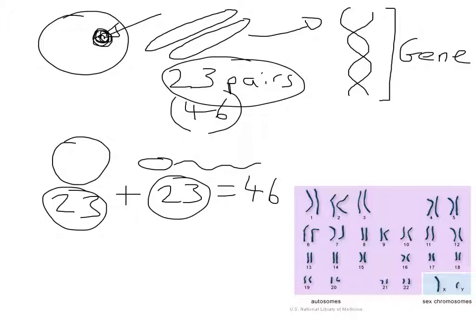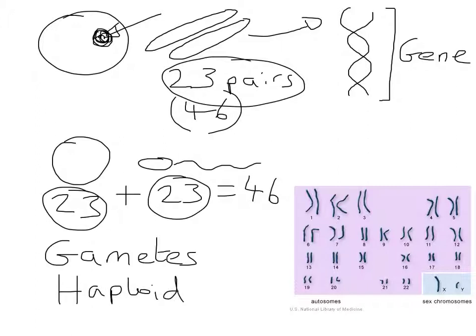We call the sperm and the egg cells gametes. These gametes are haploid. They contain half the number of chromosomes in a normal body cell.